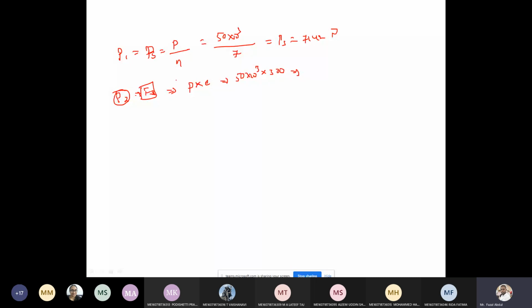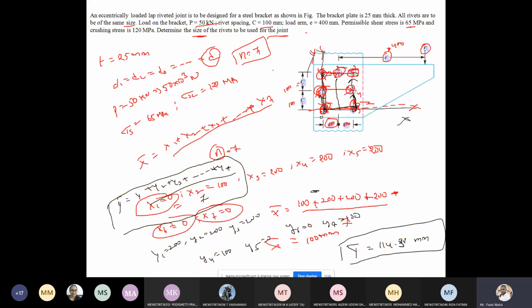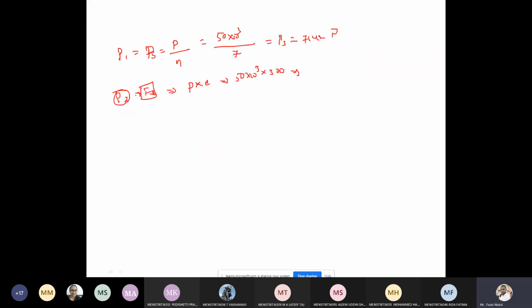Now what is P into E magnitude, Babu? E value is 400.